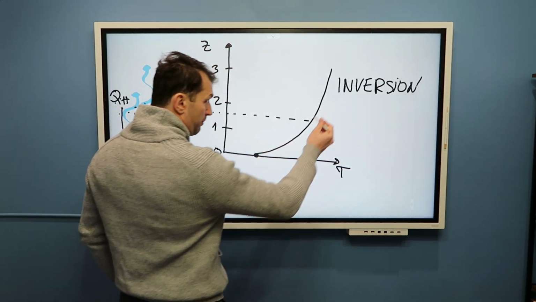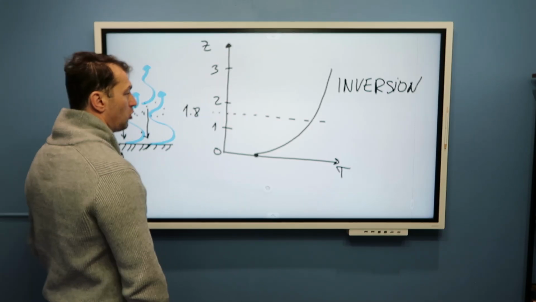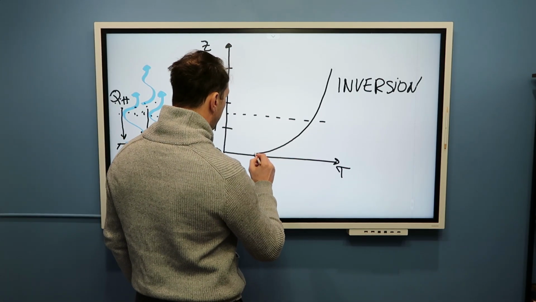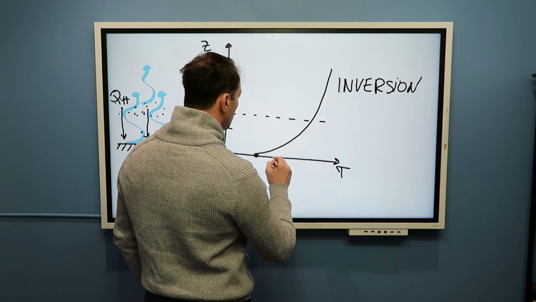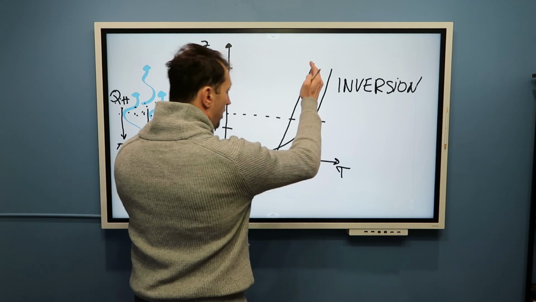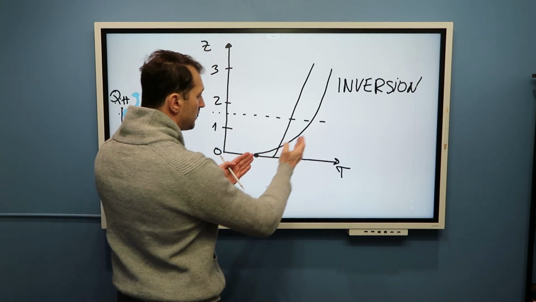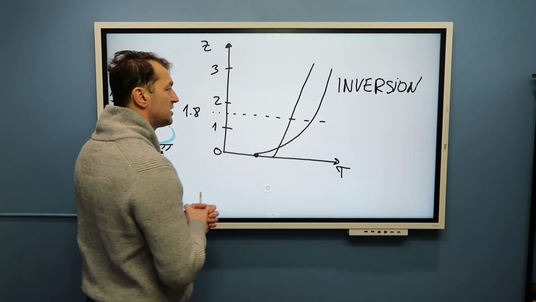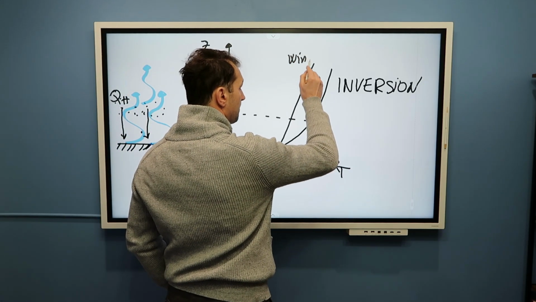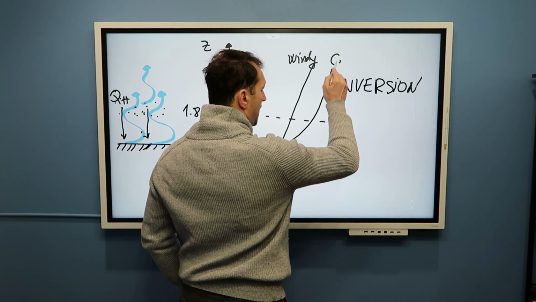And the temperature profile might be like so. When we have windy conditions, the temperature profile might look something like this. Perhaps we also have inversion, but the inversion is not as pronounced as when we have calm nights. So this is windy, this is calm.